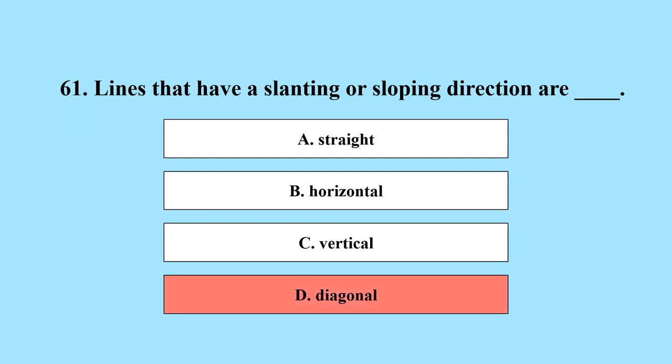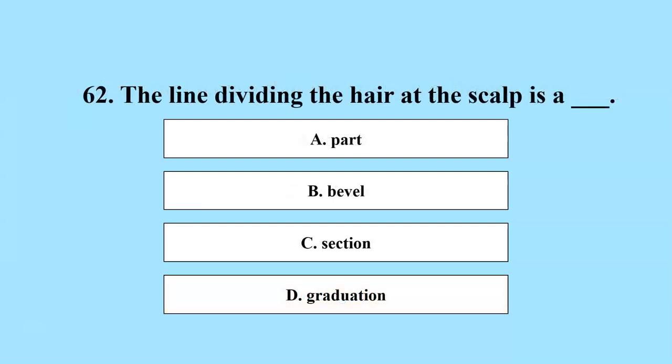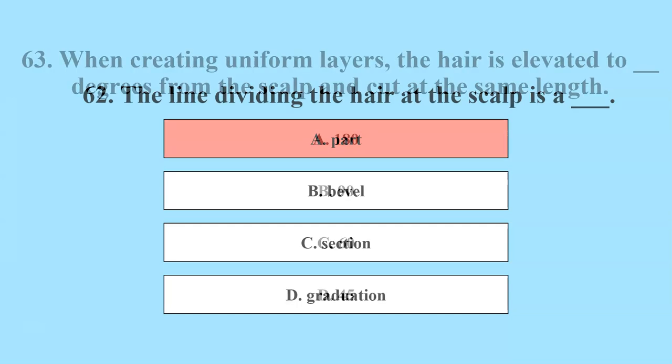If you chose D, diagonal, you are correct. The line dividing the hair at the scalp is a part, bevel, section, graduation. If you chose A, part, you are correct.